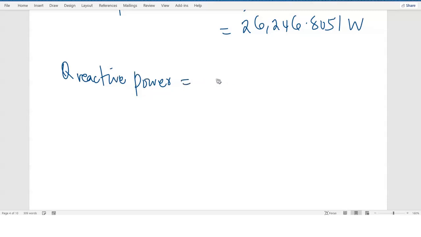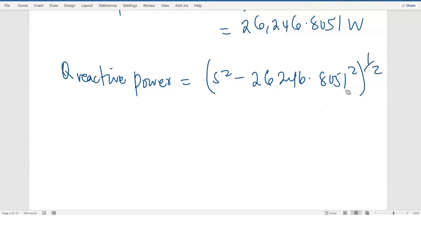So this is going to be S squared minus the true power, 26,246.8051, squared, and everything under root.